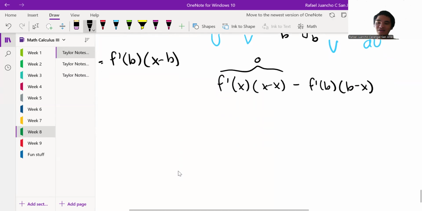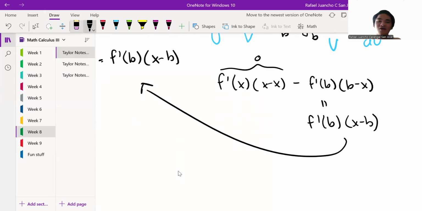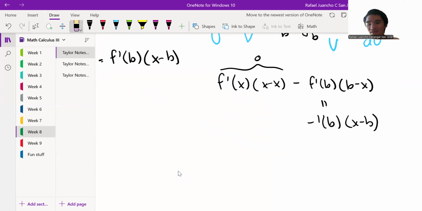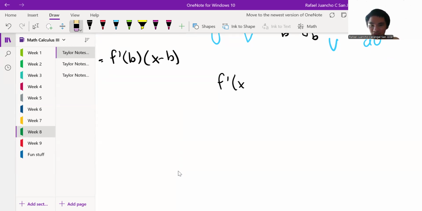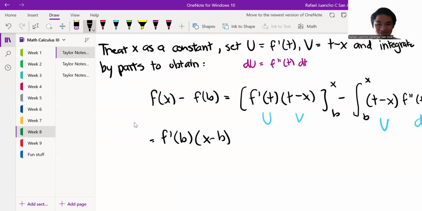Oh, and what happened here was I multiplied this negative here, so now we get this positive thing. Oh, okay, I see what happened. Cool, I trust the process. Sometimes I'm just confused with how they write it. Anyway, and then this is bx.